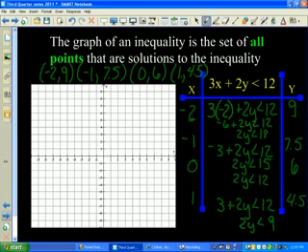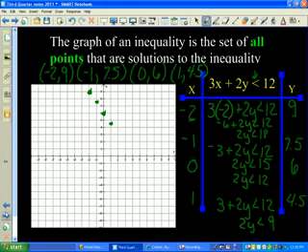But my thing is, we really want all the solutions. This is just a small range of them. And I know by habit, you're going to just want to draw a straight line through all that. But guess what our sign is? Isn't it less than?